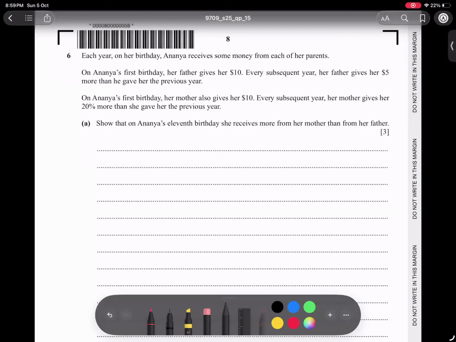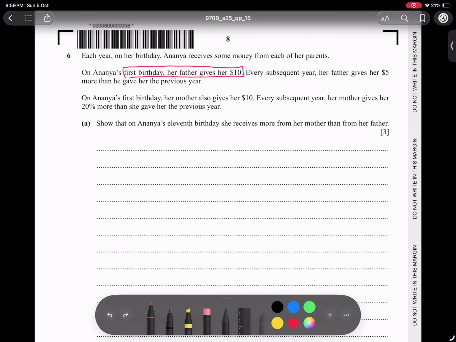So question number 6 we have, students. The topic is AP GP. Each year on her birthday, A receives some money from each of her parents. On the first birthday, her father gives $10. And every subsequent year, her father gives $5 more than the year previous.